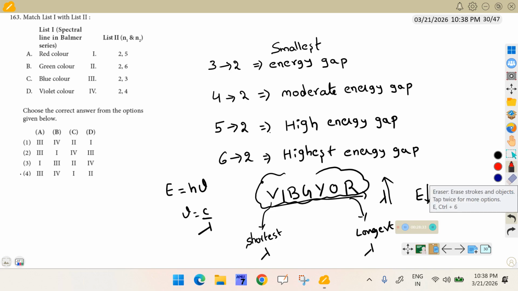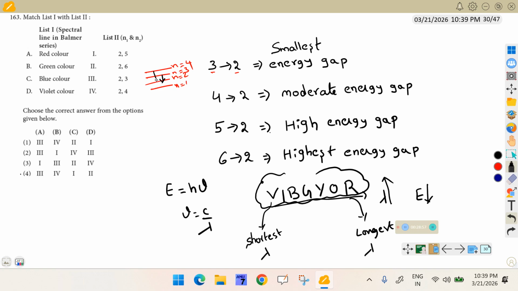Identify the color based on the n1, n2 values. Electron jumps from 3 to 2, that is the smallest energy gap. For example, you can check n equals 1, n equals 2, n equals 3, n equals 4. First case, electron jumps from 3 to 2.